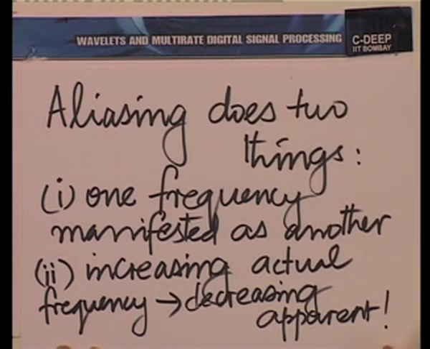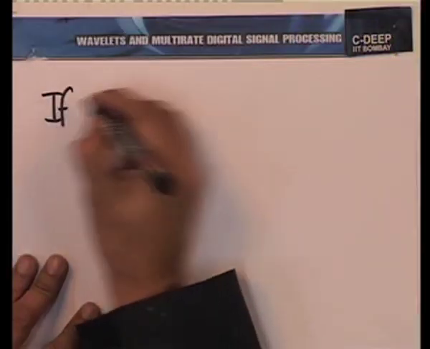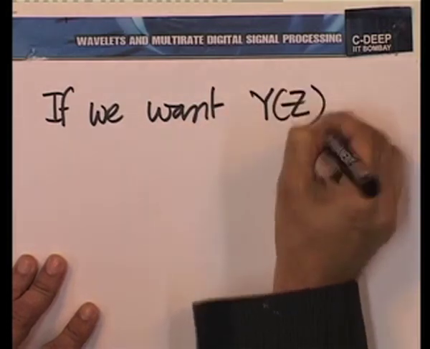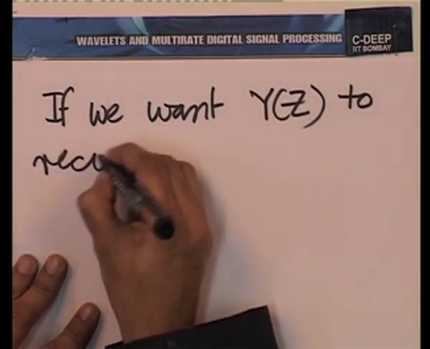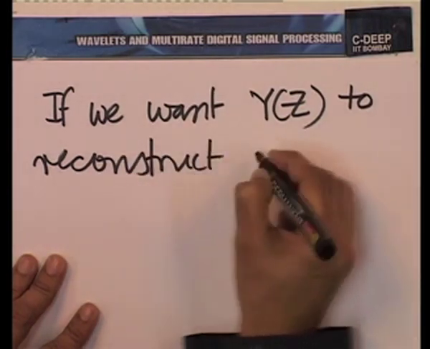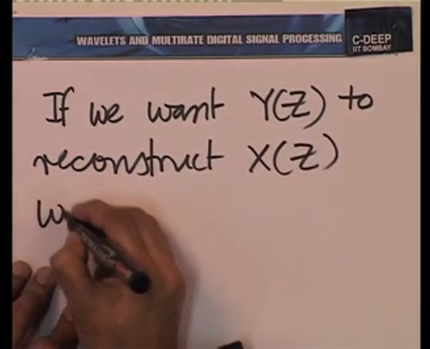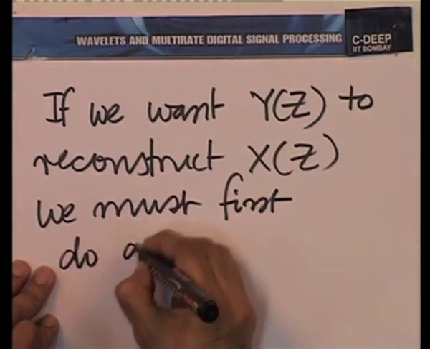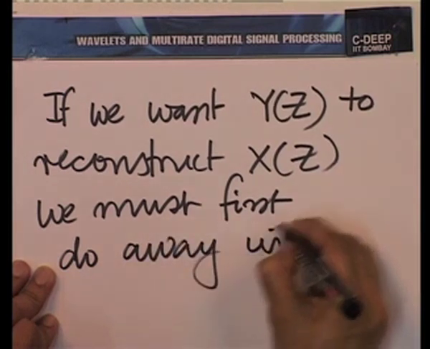Now, the first thing we have to do if we want perfect reconstruction is to do away with aliasing. So we put down a condition for aliasing cancellation. If we want Y(z) to reconstruct X(z), we must first do away with aliasing.